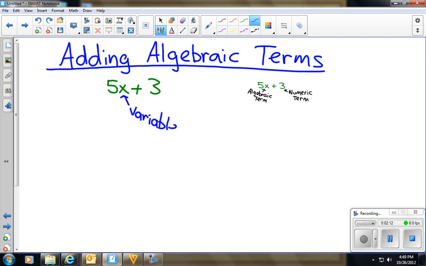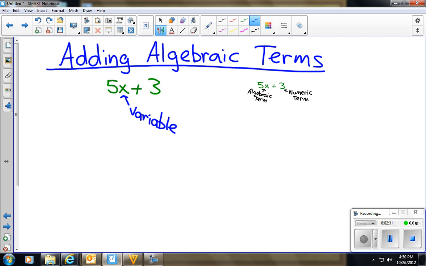My definition of a variable is a letter or a symbol that's used to represent an unknown quantity. And in this case, we're going to use x to define a variable.